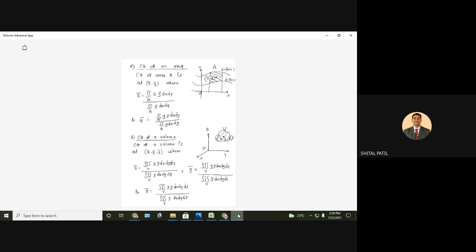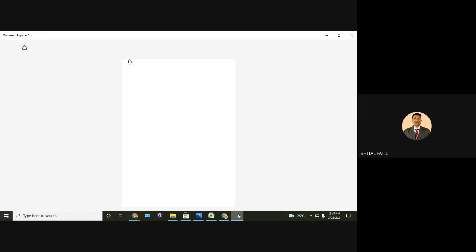Find the CG, center of gravity, of the area bounded by y square equal to x and x plus y equal to 2.